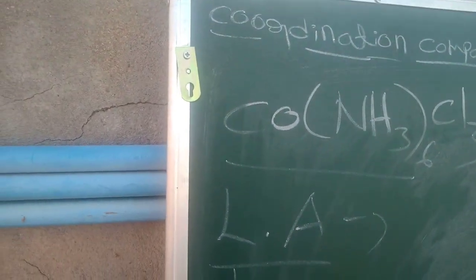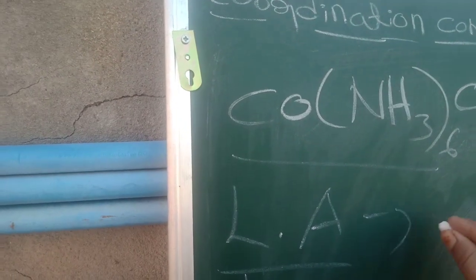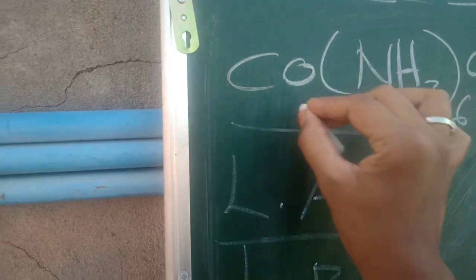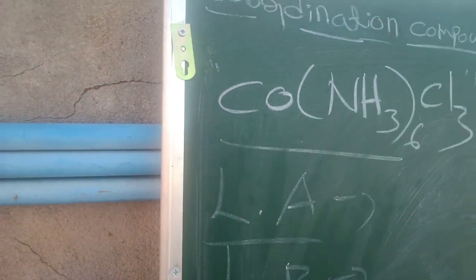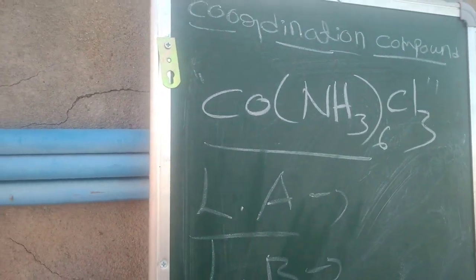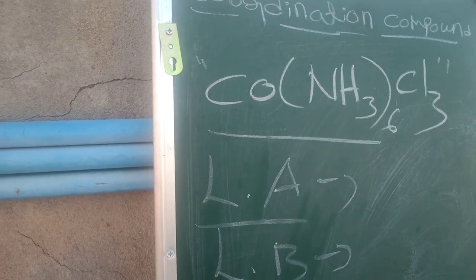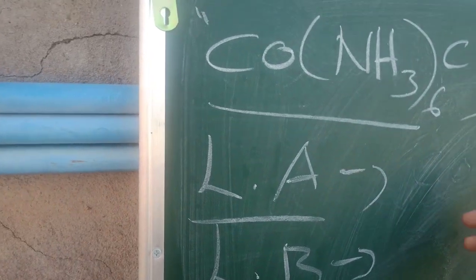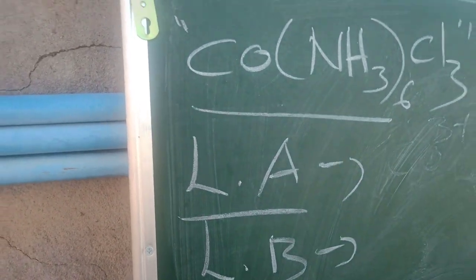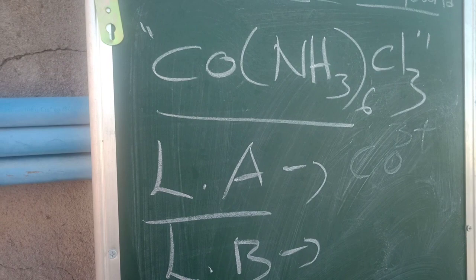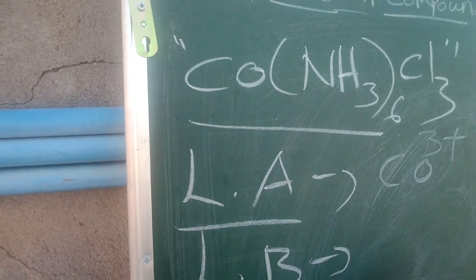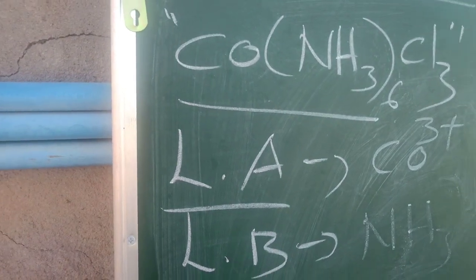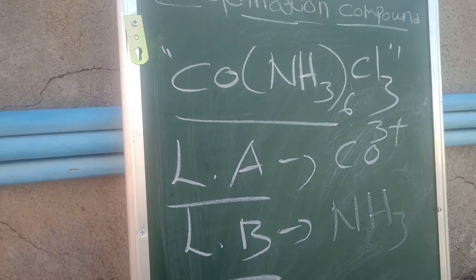A Lewis acid contains a plus charge, so Co3+ is acting as the Lewis acid, and NH3 is acting as the Lewis base.